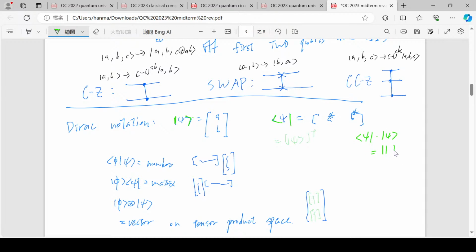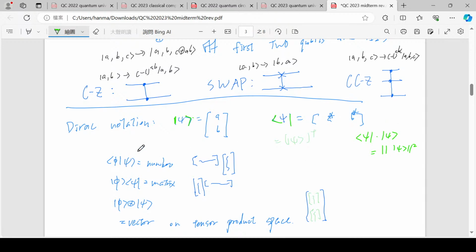We want it to be the norm squared, and the norm squared should be a positive real number. That's why you want a complex conjugation here. Okay, and yeah, so in Dirac notation we can combine a whole bunch of them together, and they all make sense with each other. So we write them together, and sometimes if we have 2 straight lines, we'll combine them. So here is the inner product, and you can also write the 2 straight lines as 1 straight line.